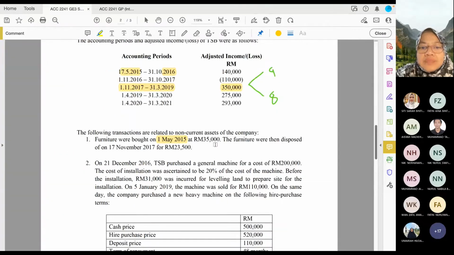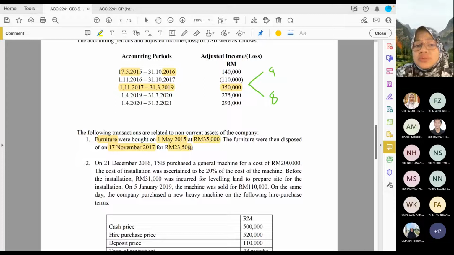So the qualifying expenditure is 35,000 and it's furniture. You should know what is the IA and the AA rate. The furniture was later disposed on 17 November 2017 for 23,500. So there's a disposal of the asset.